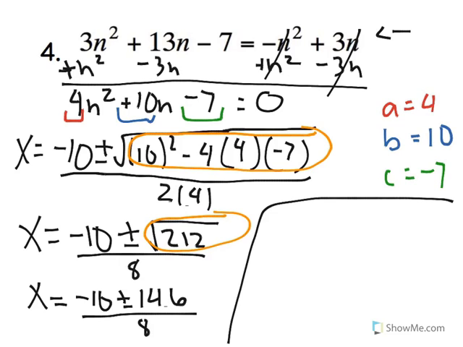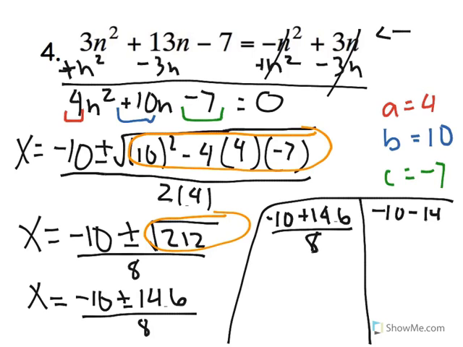So now we get our two equations. So we can have negative 10 plus 14.6 divided by 8. And we can have negative 10 minus 14.6 divided by 8. So negative 10 plus 14.6 gives us 4.6 divided by 8, which is about 0.6.